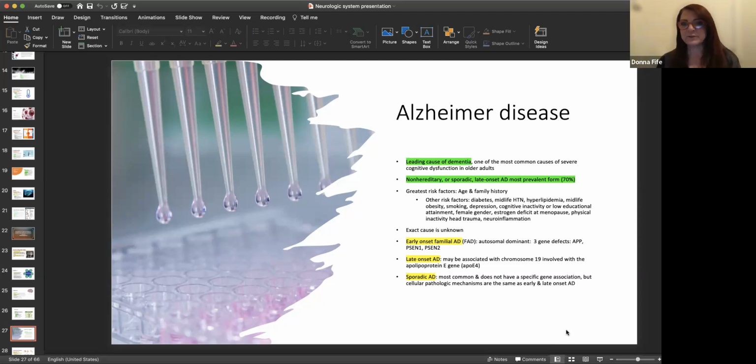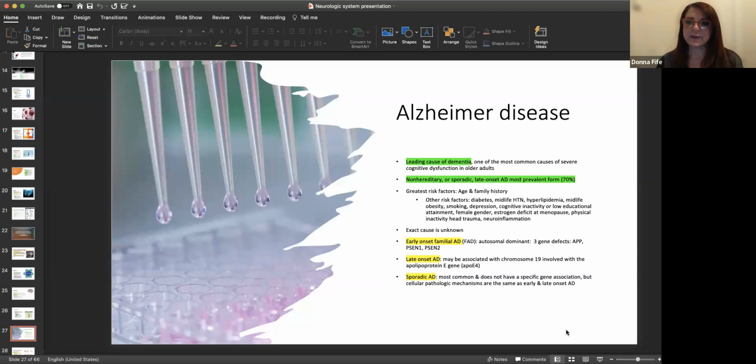Other risk factors include diabetes, midlife hypertension, hyperlipidemia, midlife obesity, smoking, depression, cognitive inactivity or low educational attainment, female gender, estrogen deficit at menopause, physical inactivity, head trauma, and neuroinflammation. But the exact cause is unknown.